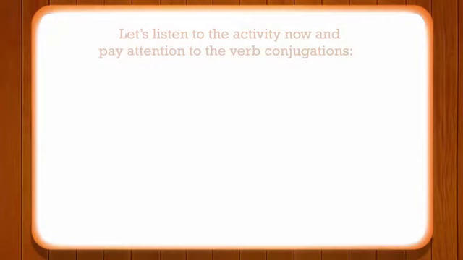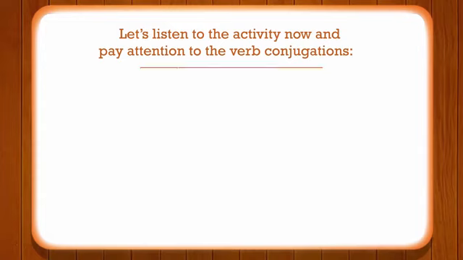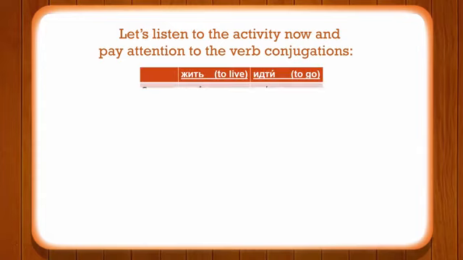So now, as we have discussed various other forms of different verbs of Russian, we will pay attention to their conjugations one by one. Here I would like to draw your attention to certain verbs which we use often in our text, such as жить and идти. As you can see, жить means to live and идти means to go.